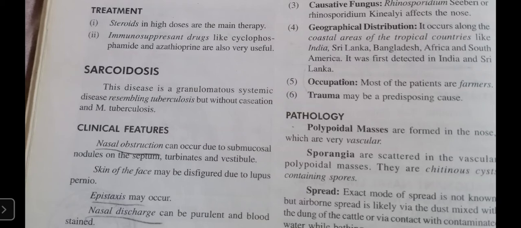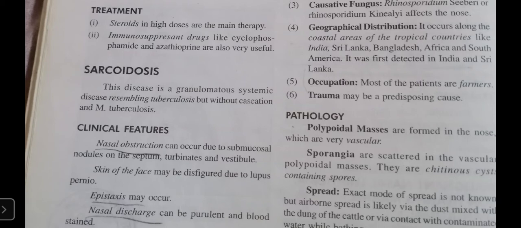What does sporangia mean? Spores are present, black colored spores that will be on the polypoidal mass. Okay, those are the sporangia. Then spread of this disease may be by airborne or through contaminated water.